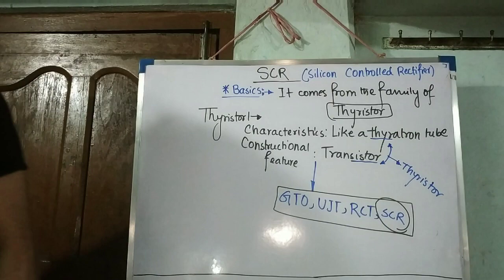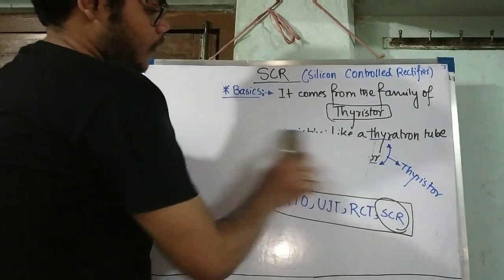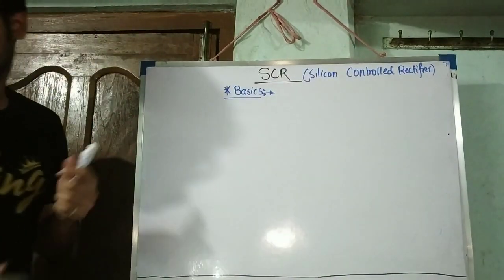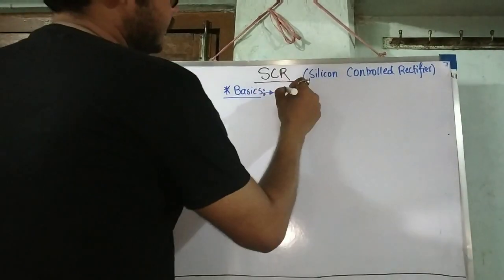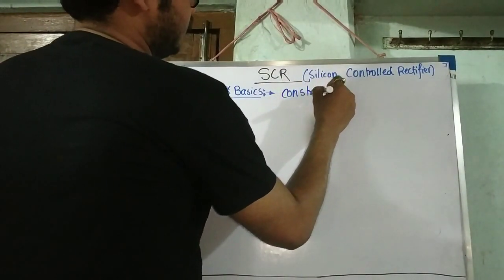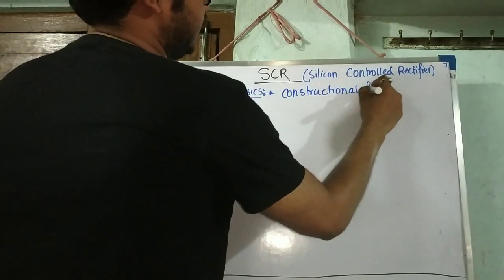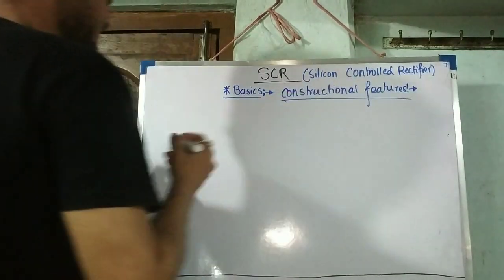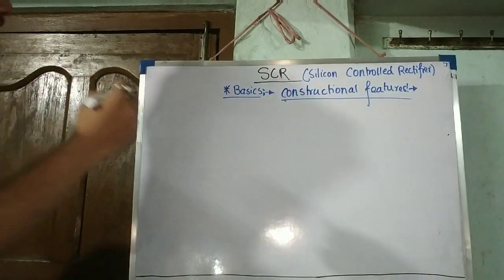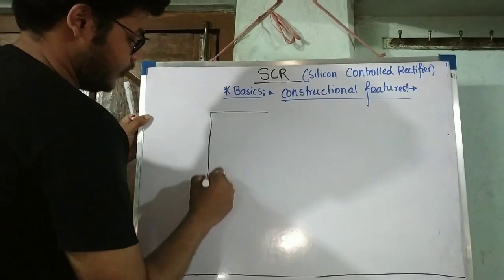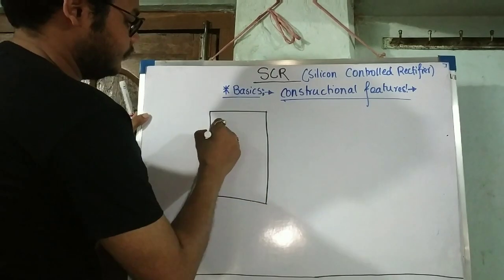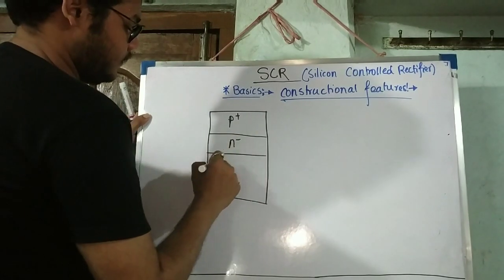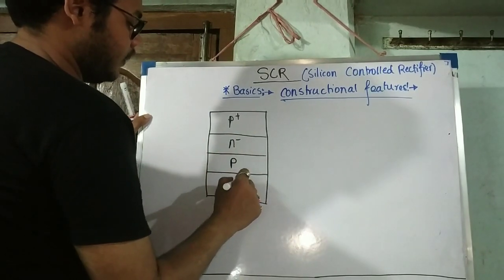Now let us see what the constructional features of an SCR are. The SCR is basically a PNPN configuration. That is, P plus, then N minus, then P, then N plus.